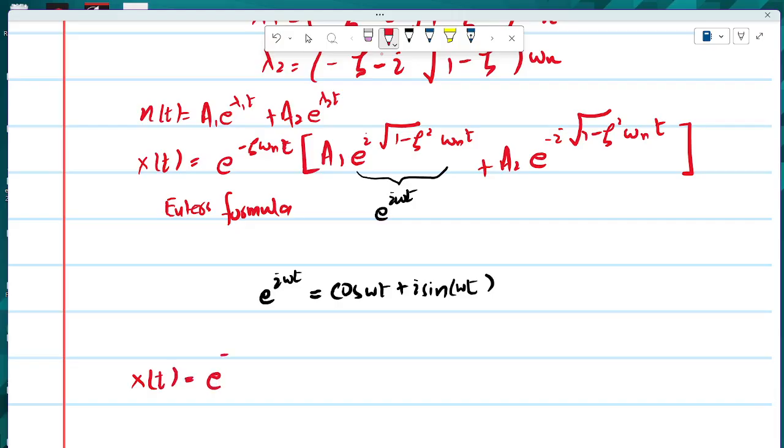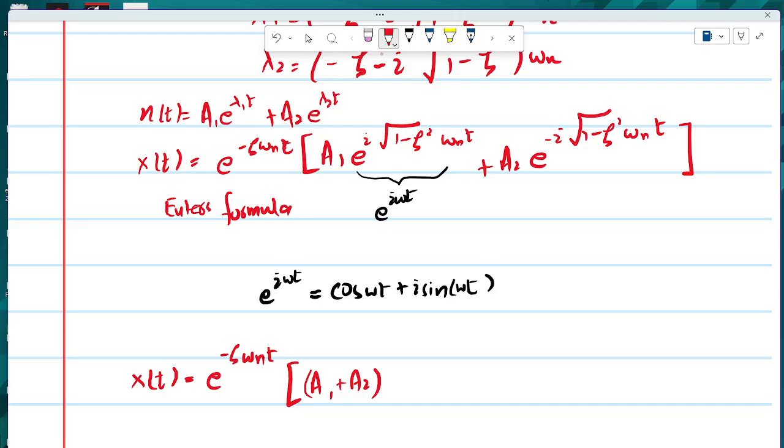e^(-ζωn t), and then we have a. I'm going to directly write the steps. So it will become a1 plus a2. I'm just merging the cos of both and the sin of both.